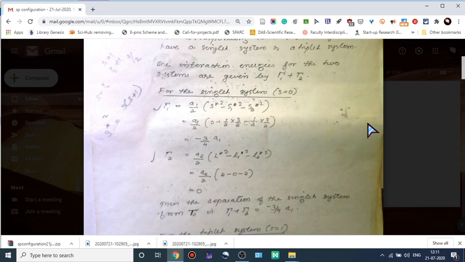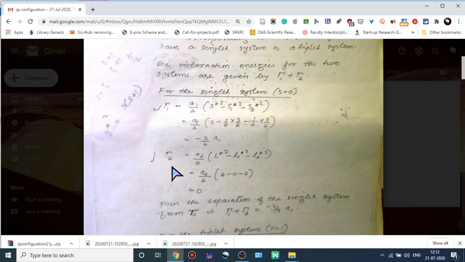Substituting S equal to 0 gives 0 into 0 plus 1, minus half into 3 by 2, minus half into 3 by 2, since S1 equals half and half into half plus 1 is 3 by 2. We get gamma 1 equal to minus 3 by 4 A1.